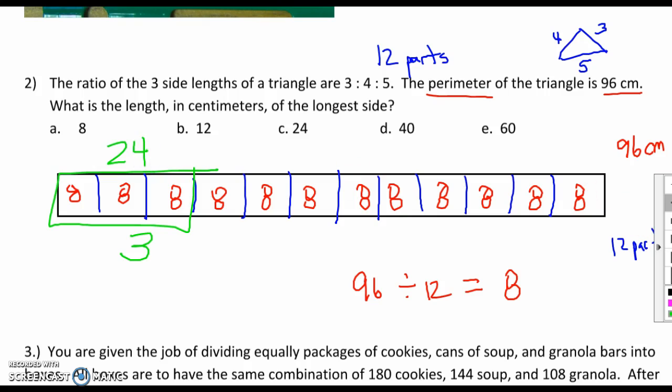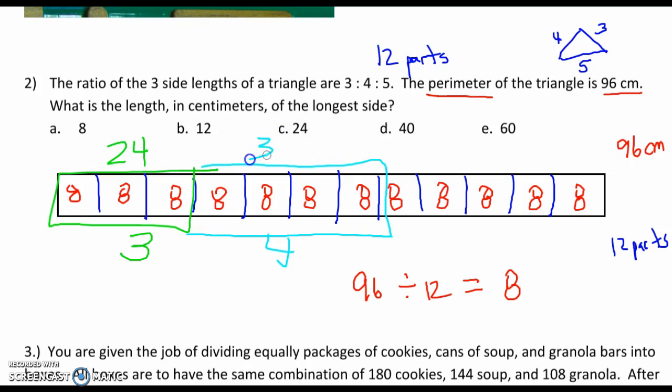And my medium side, that's 4 parts. So that's 1, 2, 3, 4 parts. So my medium side is 32, and that makes my longest side, the one that I'm trying to find, 1, 2, 3, 4, that's 5 parts. So my longest side here is going to be 40.